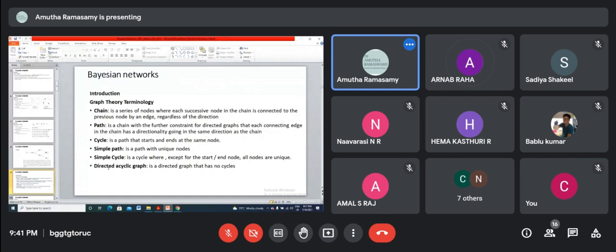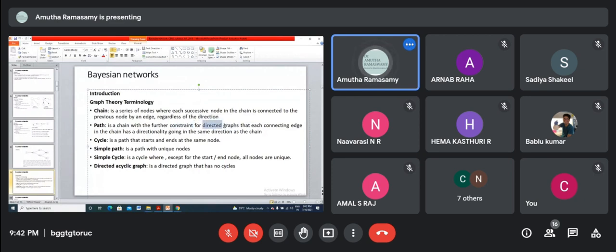Yes, ma'am. Okay, so this terminology chain is a series of nodes where each successive node in the chain is connected to the previous node by an edge, regardless of the direction. As long as we say chain, it is regardless of the direction. Path is a chain with the further constraint for directed graphs.